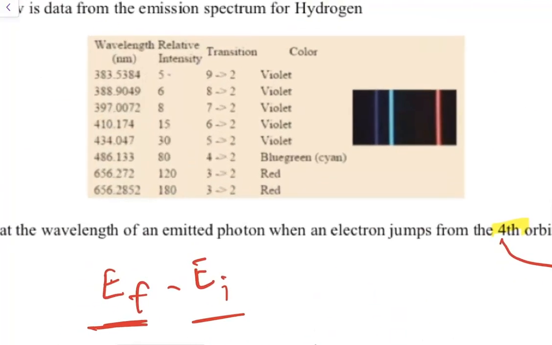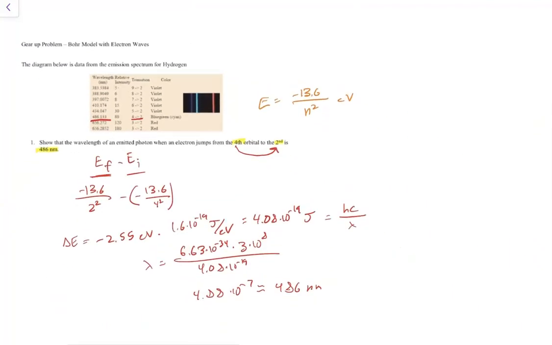If we're going from 4 to 2, we get 486 nanometers. So we've confirmed this question within rounding, because 13.6 is most likely rounded. That's all we have.